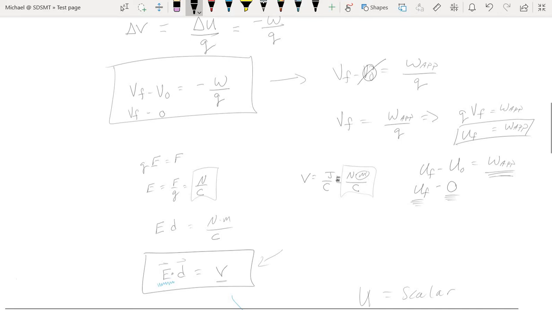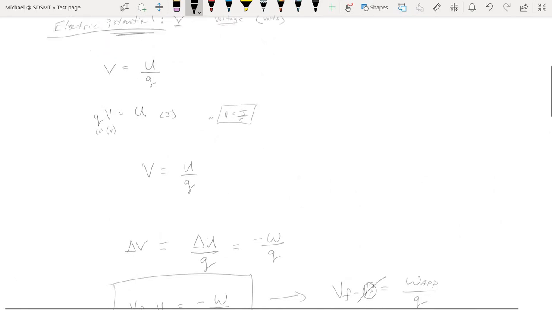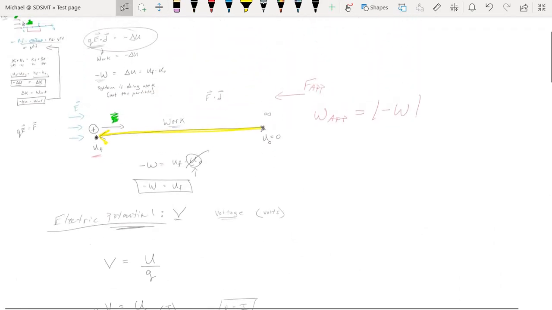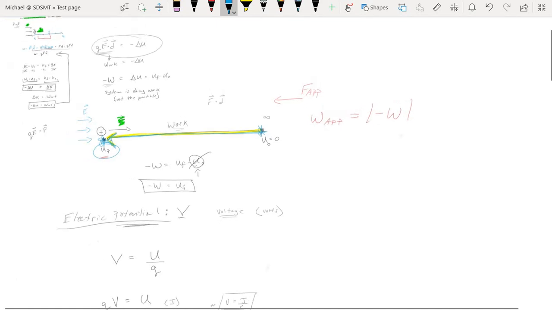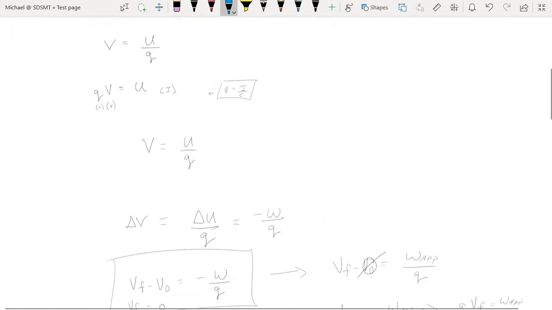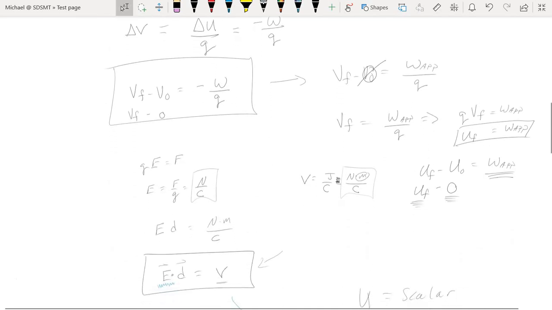So we are literally putting this energy into the system, and once we've started back at infinity, and once we have physically moved the charged particle to the final position, the system now has a potential energy in the amount of QV.